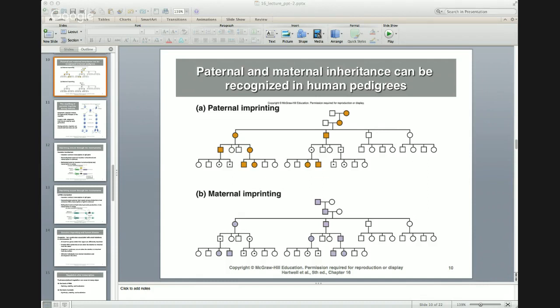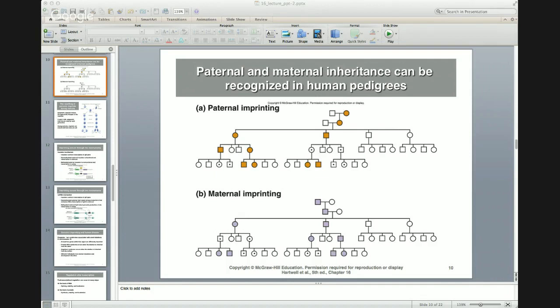So this AIR antisense RNA blocks transcription of the IGFR2 gene and hence silences it. Non-methylated paternal CpG islands allow for production of AIR antisense, which causes silencing of IGFR2. Methylated maternal CpG islands, however, would prevent the AIR transcript from forming and would allow transcription to occur.